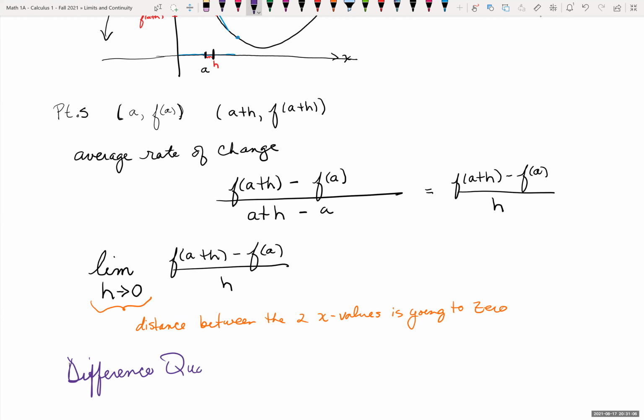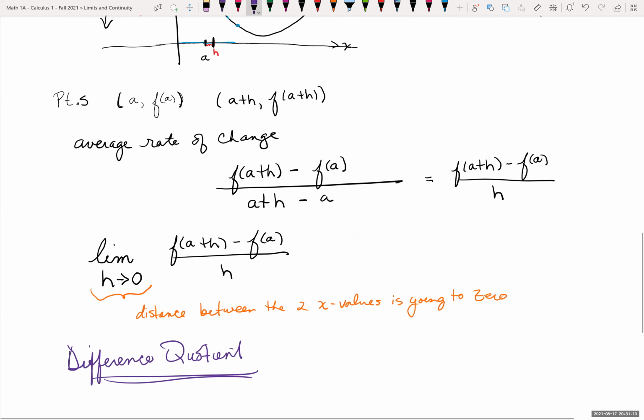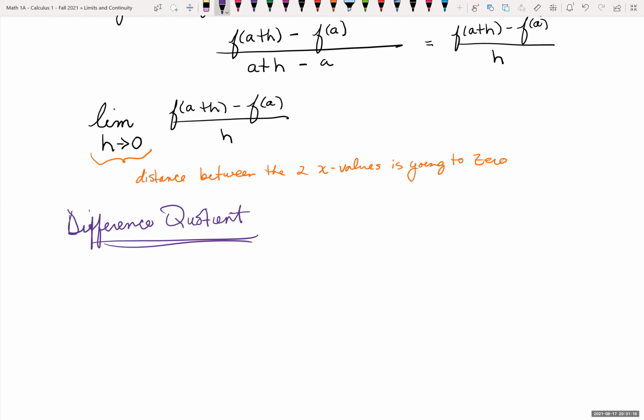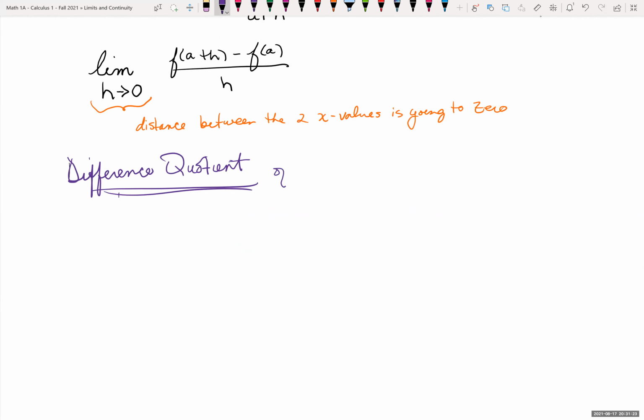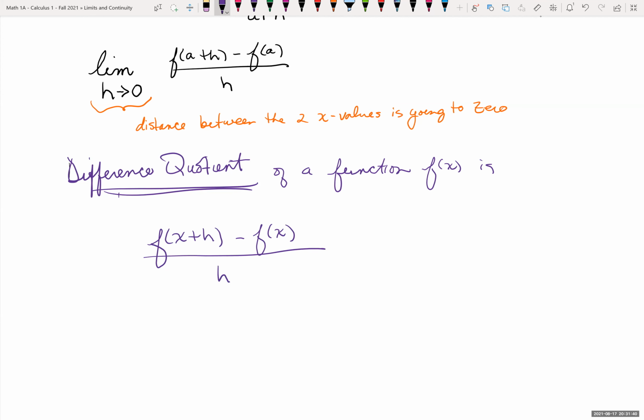And if you had me for algebra, I'm sure I went into the fact of where this is going to bring us in calculus. But the difference quotient, recall, if you have f of x, is f of x plus h minus f of x, all over h.